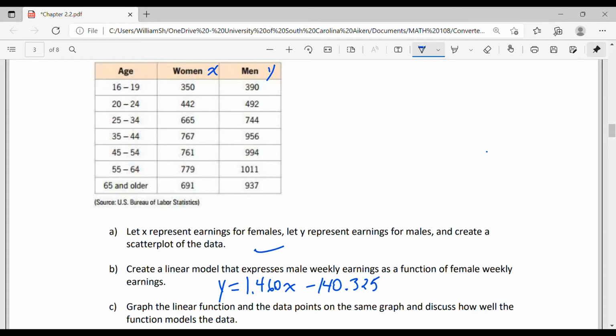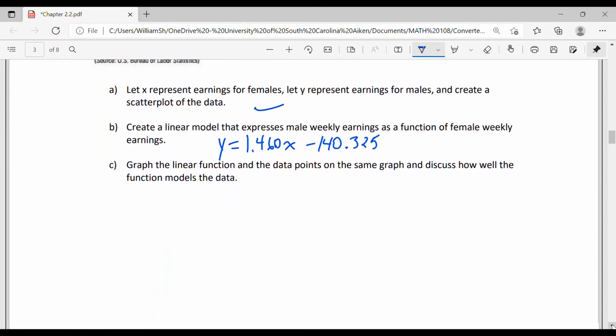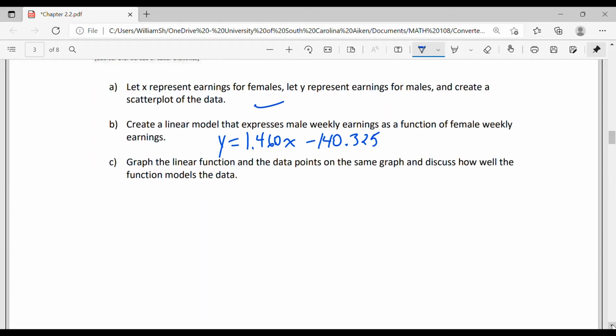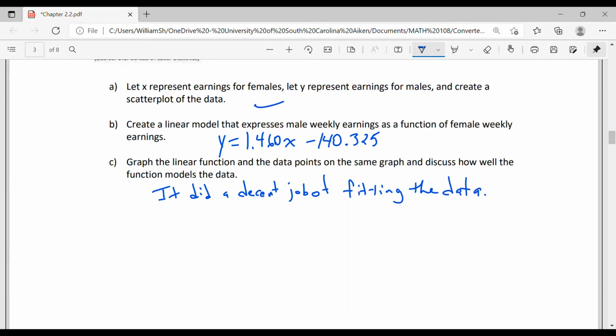All right, we graphed it just like we were supposed to against the scatter plot, and I think it did a decent job of fitting the data. Now, obviously it didn't do perfect, had a couple points that were a little away from it, but overall it did not do a bad job at all of fitting that data. So let's go on to the next question.